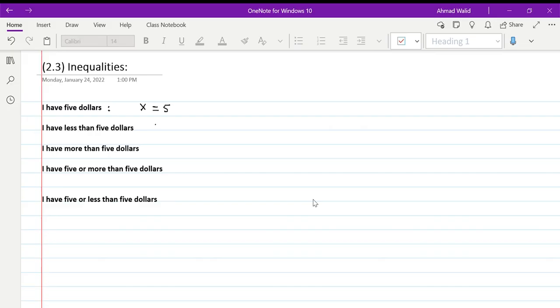Again, if I name my money X, less than $5, I will use this sign and I will write a 5 on the right side. Let me introduce this sign. This sign is the inequality sign. The sign has a mouth and also has a vertex.